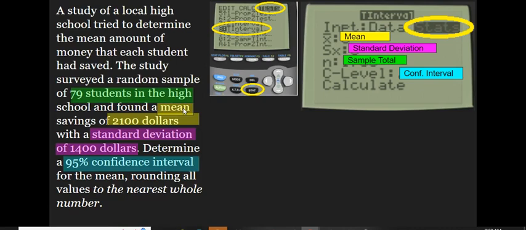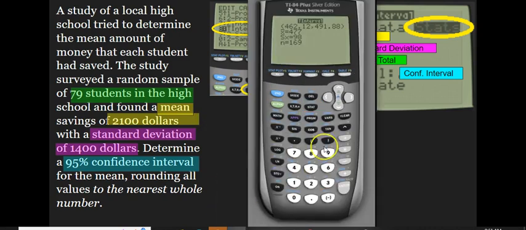All right, we've got 79 students in the high school, a mean of $2,100, standard deviation of $1,400, and a 95% confidence interval. So we'll do stat, go over to tests. I'm just going to press 8. It's still on stats. So my mean was $2,100. My standard deviation is $1,400.